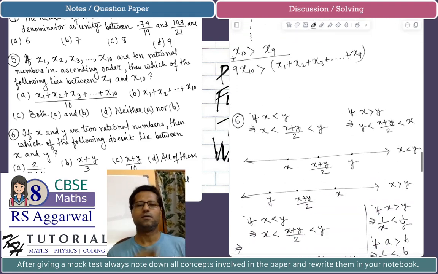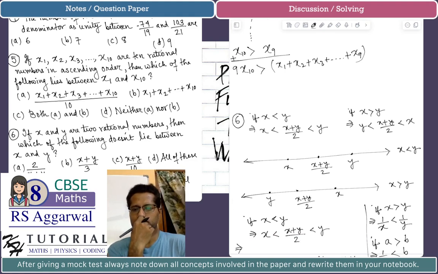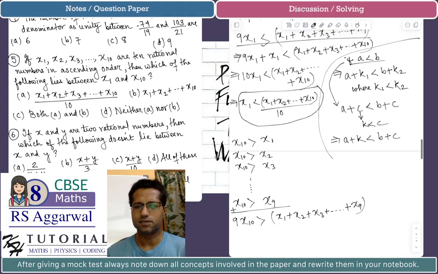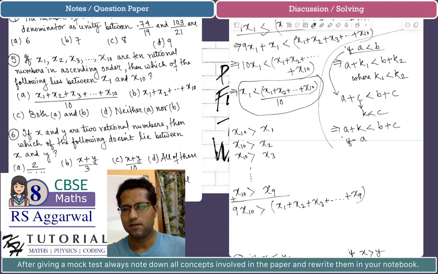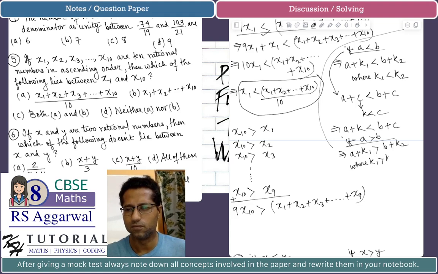Now I will do the same thing, just like where we have a less than b, this will imply a plus k1 will also be less than b plus k2, where k1 is less than k2. Similarly, I can say that if a is greater than b, this will imply that a plus k1 will be greater than b plus k2, where k1 is greater than k2.